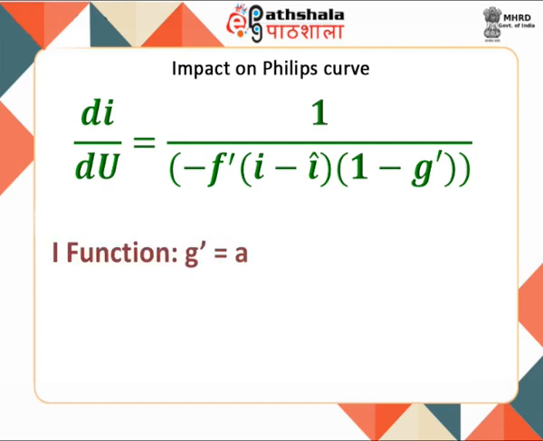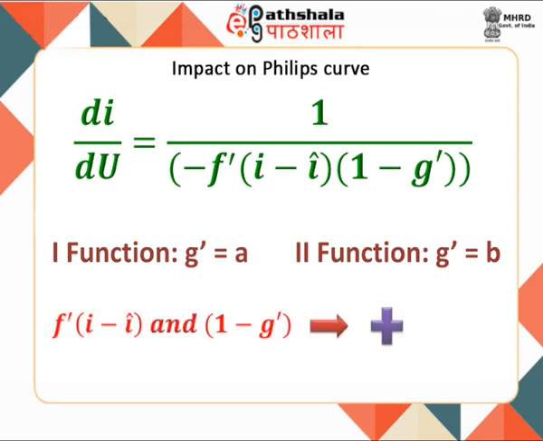G dash, that is delta I cap upon delta I, is equal to A in the first function, and in the second function G dash is equal to B. f dash (I minus I cap) and (1 minus G dash) shall always remain positive as discussed.